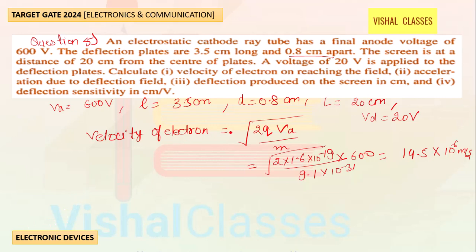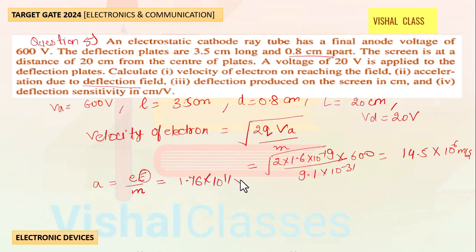Okay, next, acceleration due to deflection plate. As you have seen, acceleration is E by m, and this value E by m we have calculated: 1.76 into 10 raised to power 11.